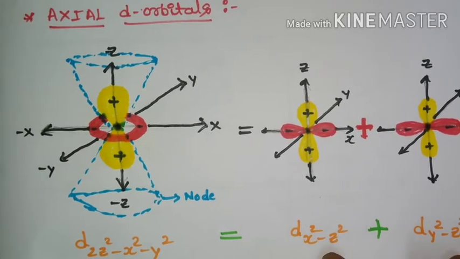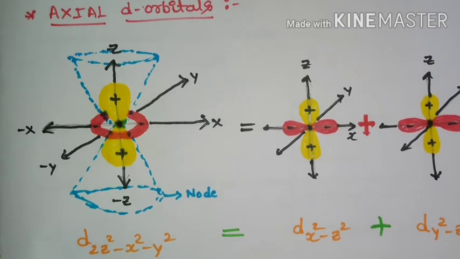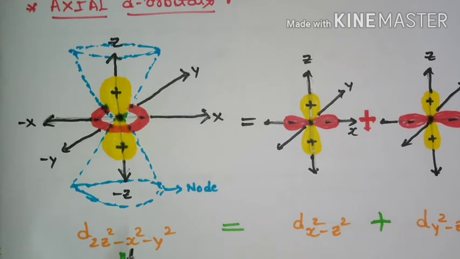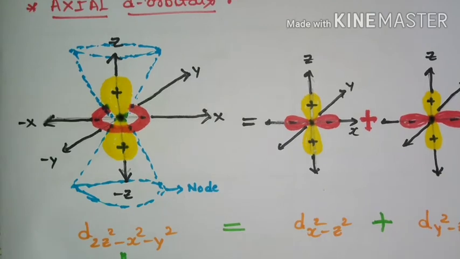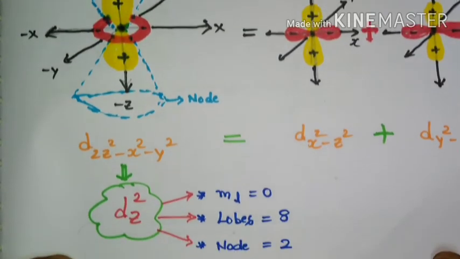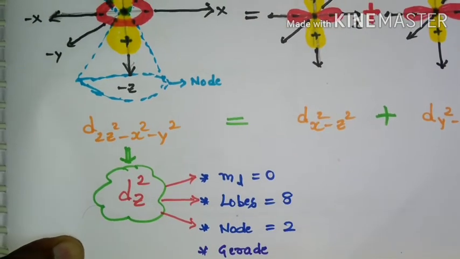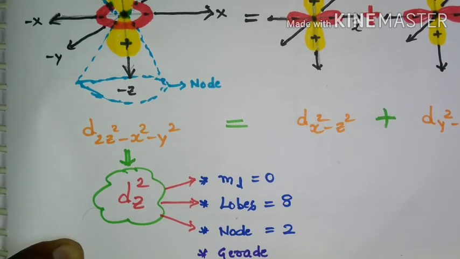These two orbitals combine to form d2z square minus x square minus y square. Combined, this is called the dz square orbital, which is an axial orbital.